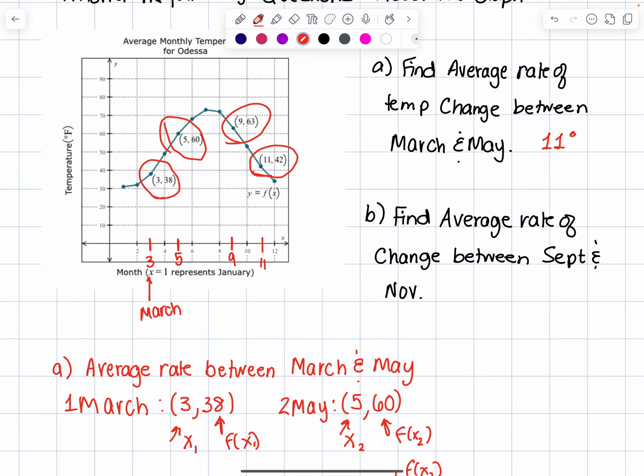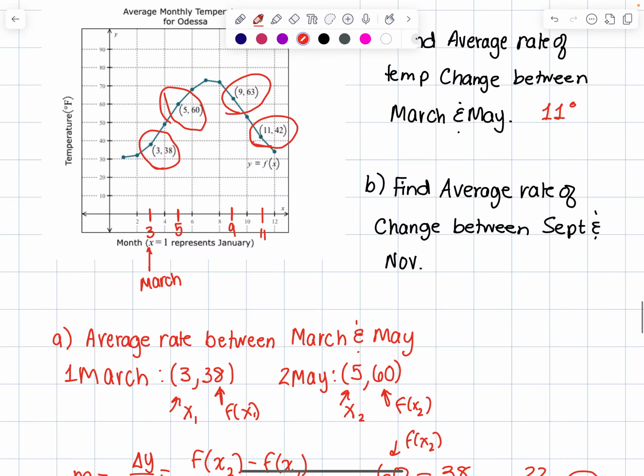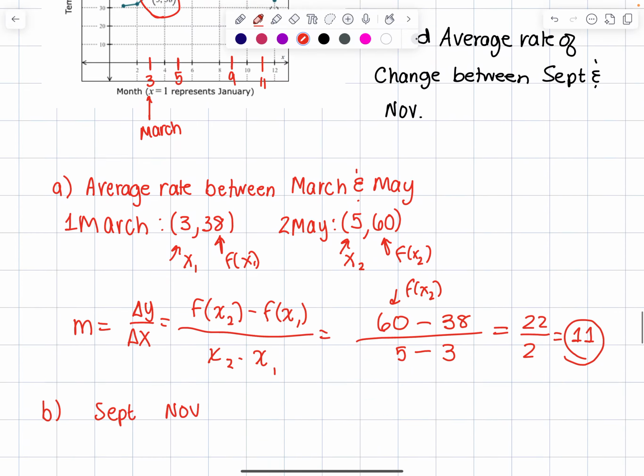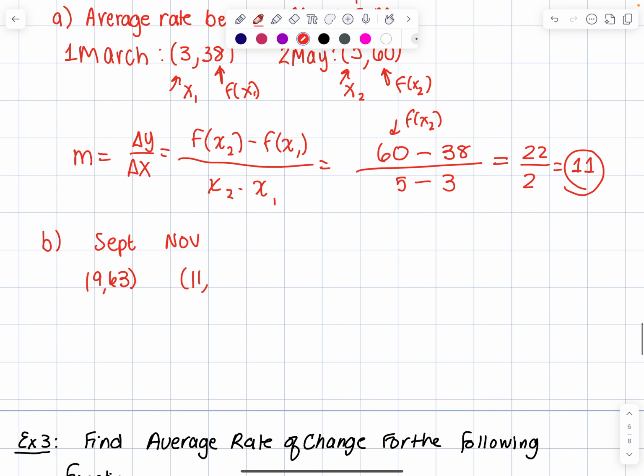Because the hottest months are July and August, and then it starts decreasing because it gets into the winter seasons again. So we have September, which is 63, and we have 42.